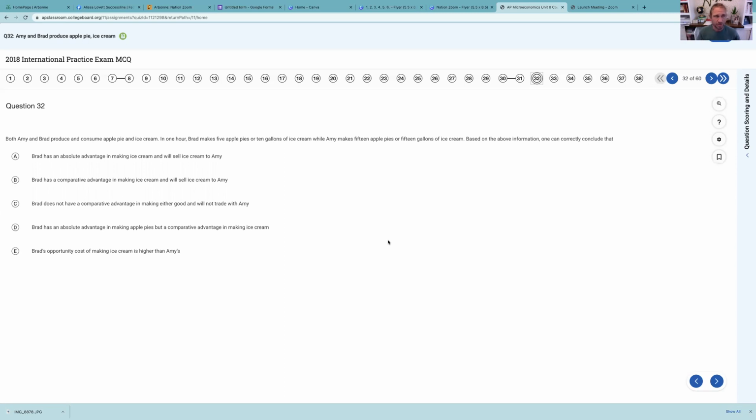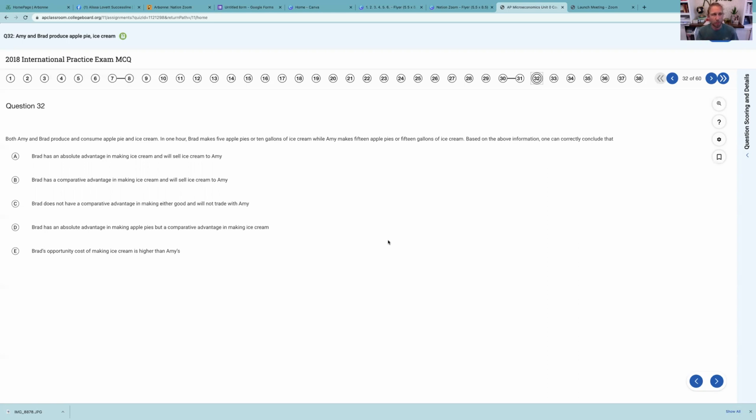So it's not C. Also, if you look, answer choice B says Brad has a comparative advantage in ice cream, and E says that Amy has a comparative advantage in ice cream. It doesn't say that directly, but if Brad's opportunity cost of making ice cream is higher, that means that Amy has a comparative advantage in producing ice cream. So it's either B or E, because one of them has to have a comparative advantage in ice cream. So it's one of those two.